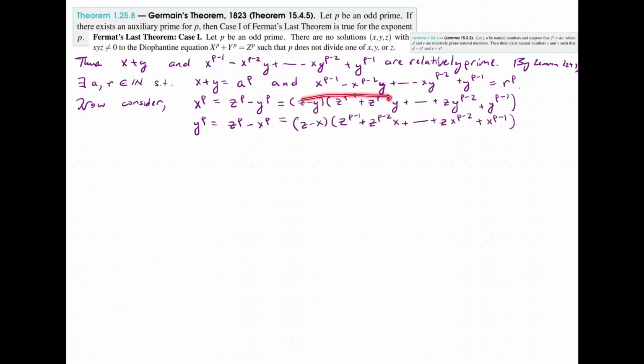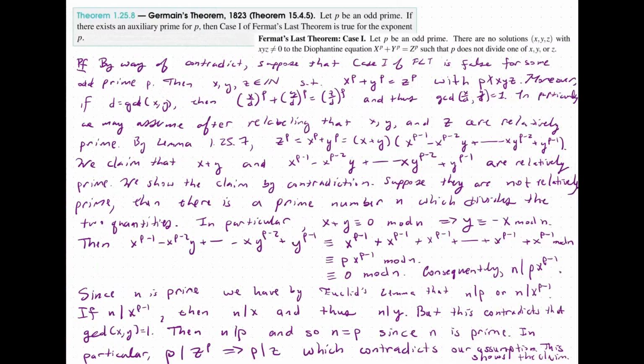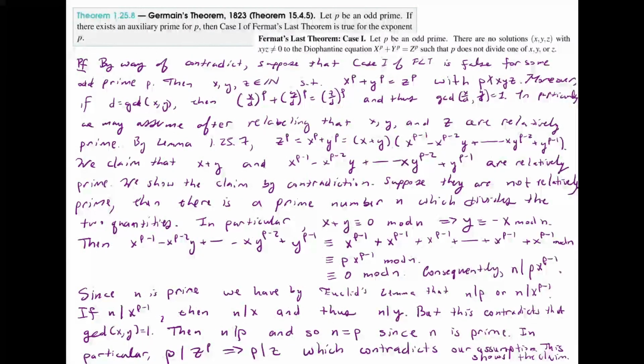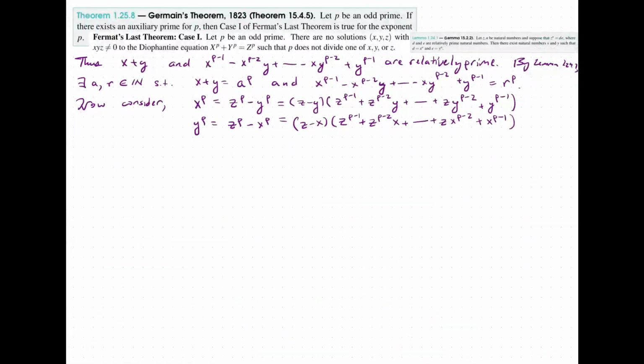So we have the two factorizations over here. If we do the same exact argument that we just did, we go about contradiction by, we claim that each of these two factors, z minus y and this factor here, and similarly z minus x and this factor here, are relatively prime, and to prove it we go by contradiction, run through the same exact argument we just did, we will prove that they are relatively prime.